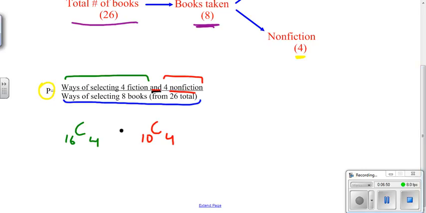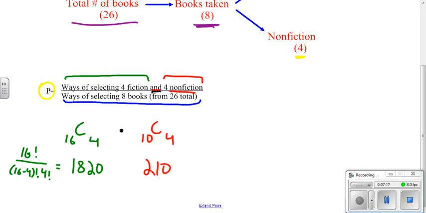Well, combination 16 over 4, remember, that would just be 16 factorial over 16 minus 4 factorial times 4 factorial. So in the end, that's going to give us 1,820. Similarly, the combination 10 over 4, I'm not going to write the whole thing out, but it's going to come out to equaling 210.